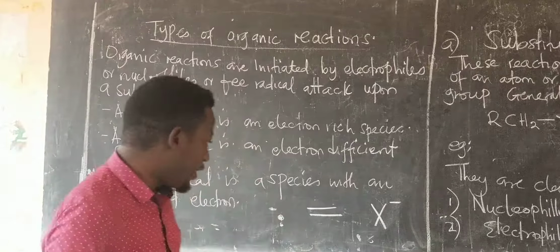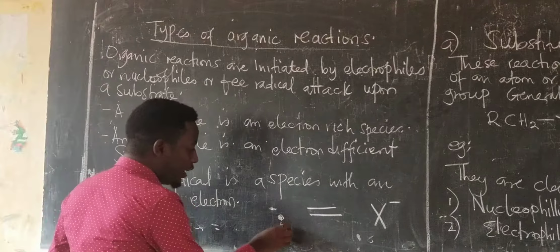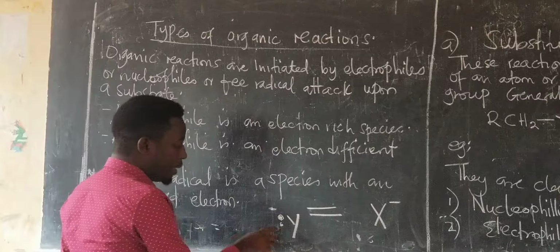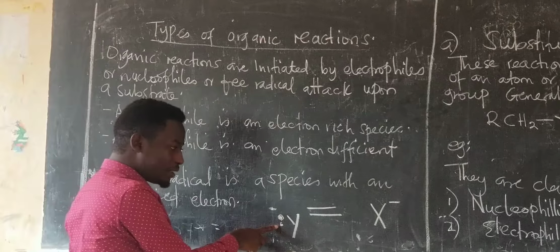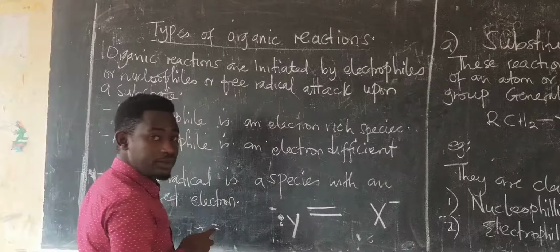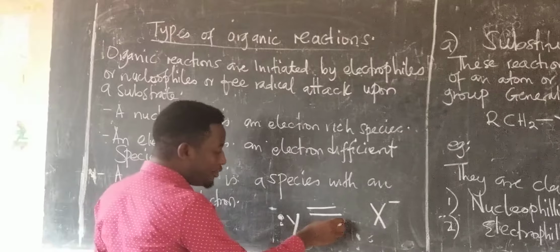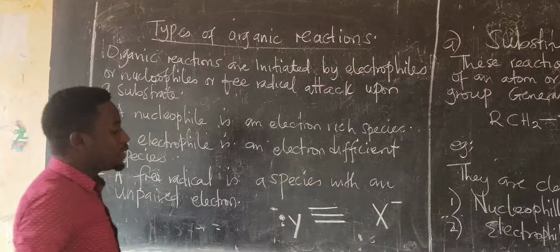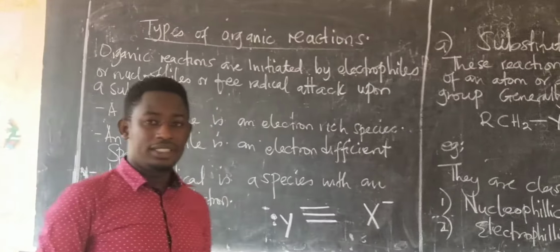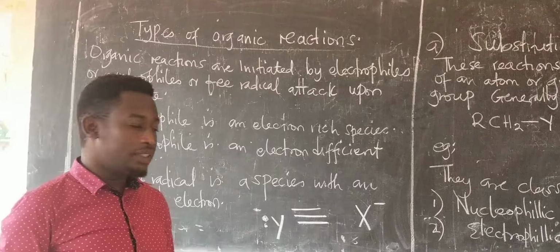So a nucleophile might be of any form. Maybe it is Y with lone pairs, or it is a double bond, or it is an extra charge. Sometimes even a triple bond also works, like for example for alkynes that we have been discussing. Are we together at that point?